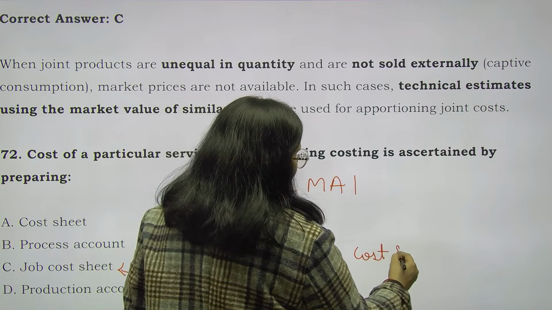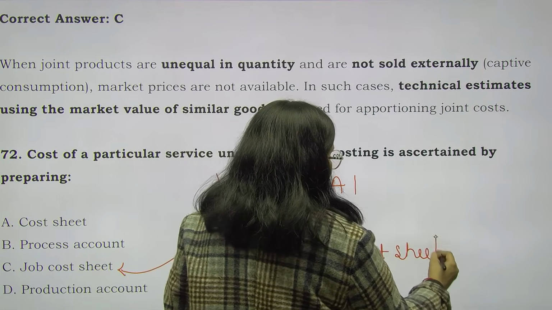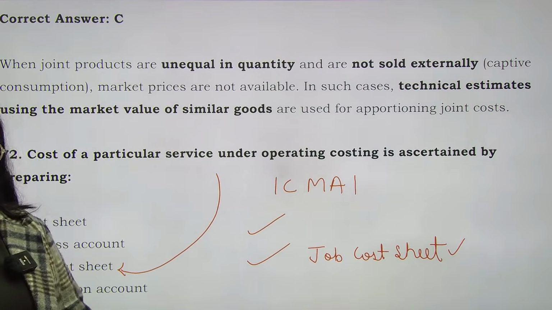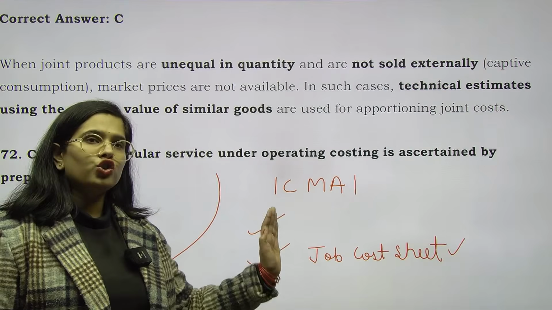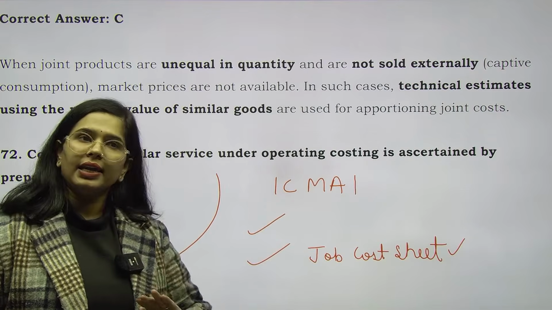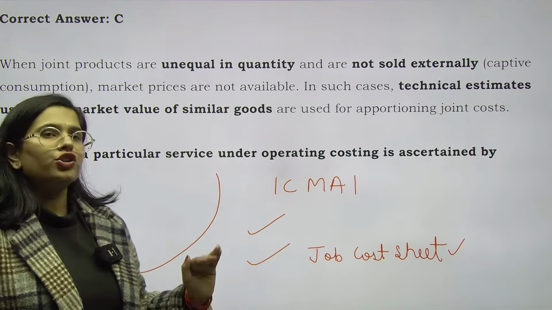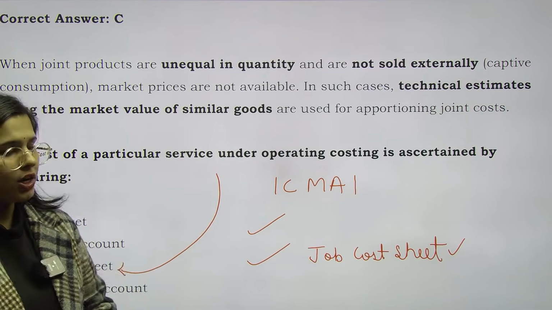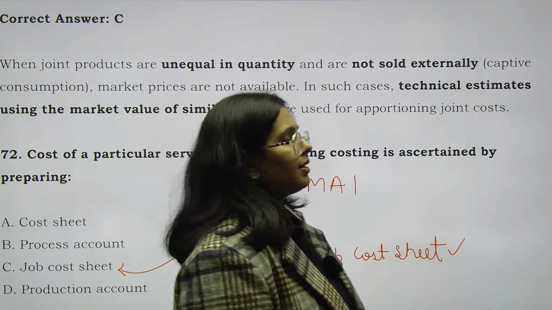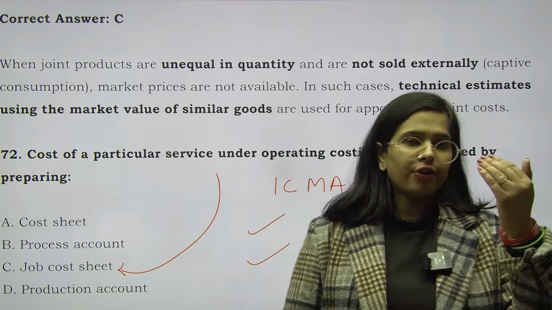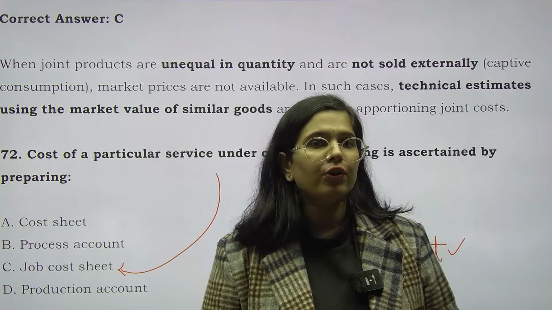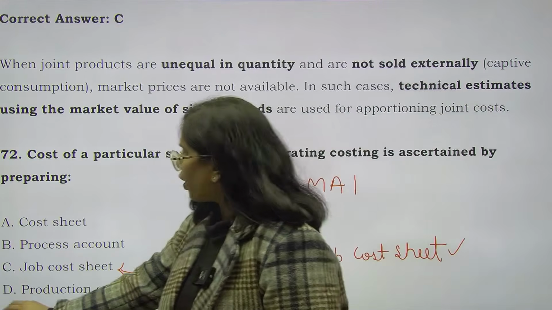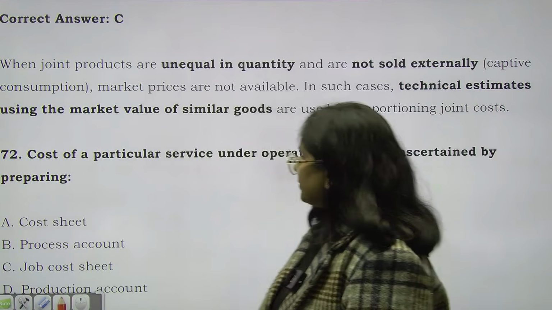We write all the expenses that we have incurred to do that particular job. हम वो सारे खर्चे लिख देते हैं जो भी हमने किए उस जॉब को कंप्लीट करने के लिए. So the job cost sheet is the viable option here. Operating costing में भी ICMAI says that the pattern or format you are going to follow would be of the job cost sheet.